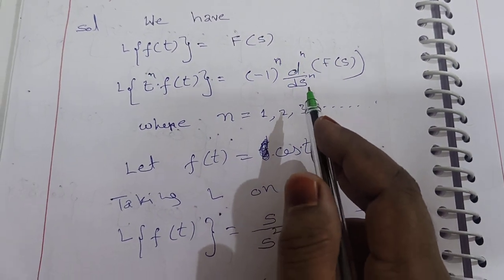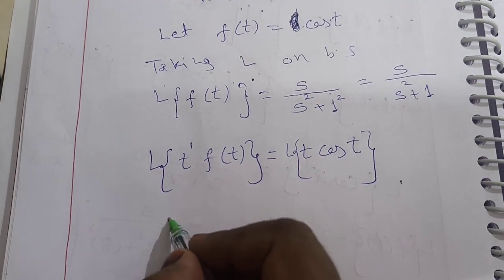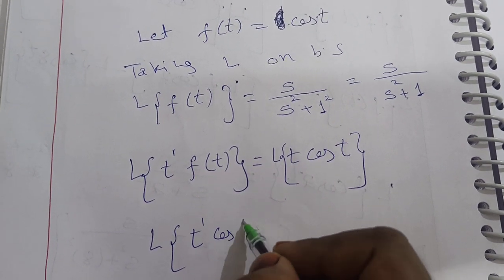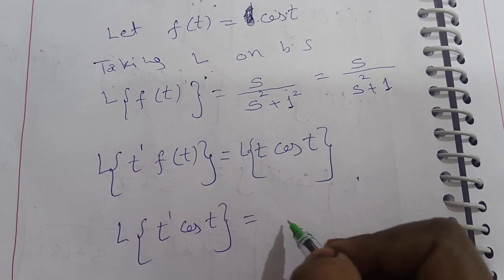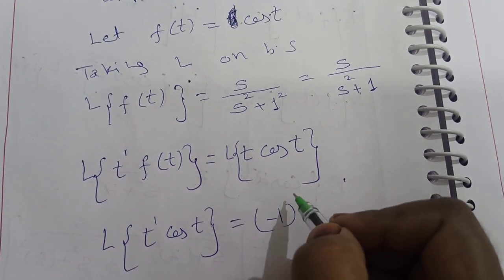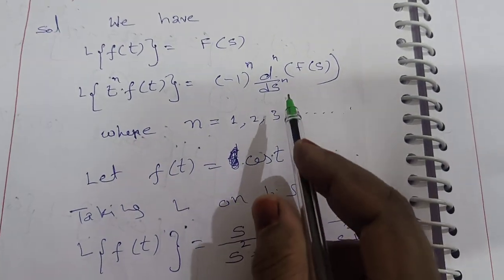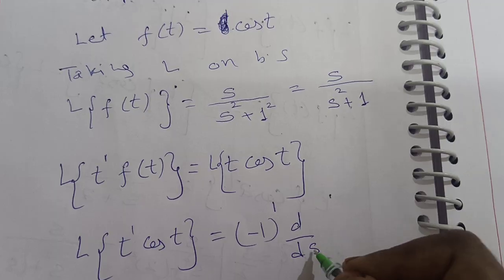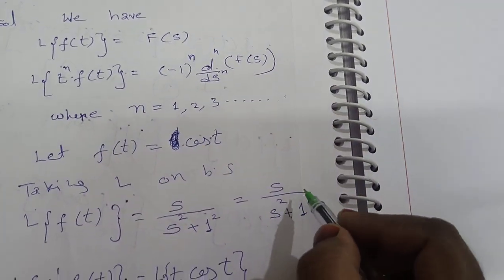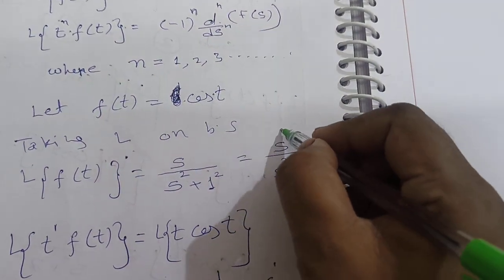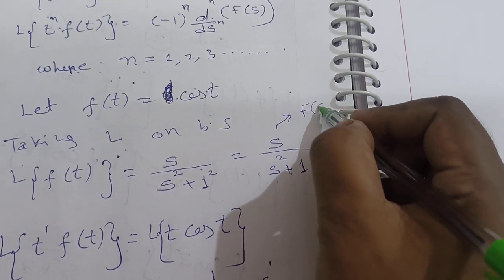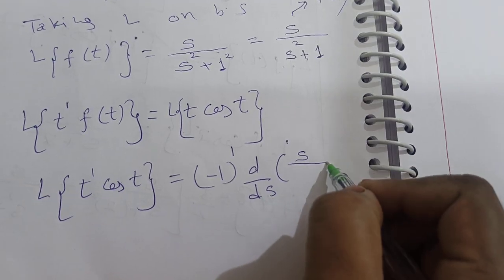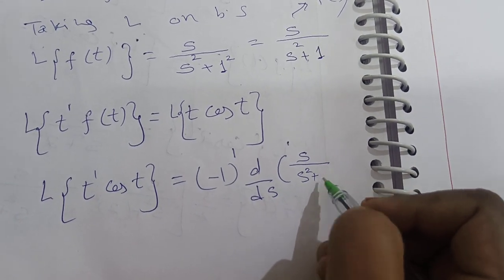Now we will apply this formula. L of t to the power of 1 cos t is equal to (-1) to the power of n, n is 1, d by ds of F of s. This value is our F of s, so we write s by s square plus 1.